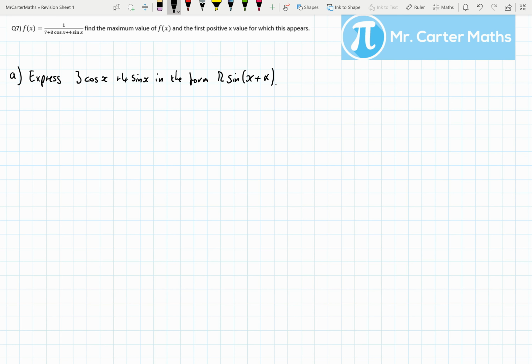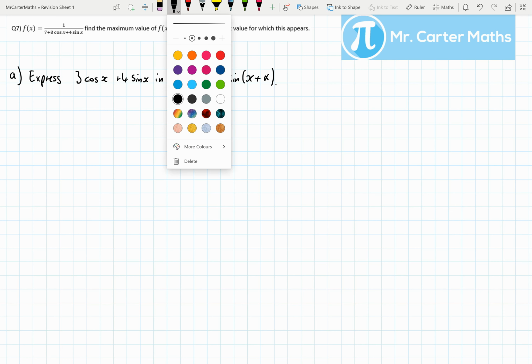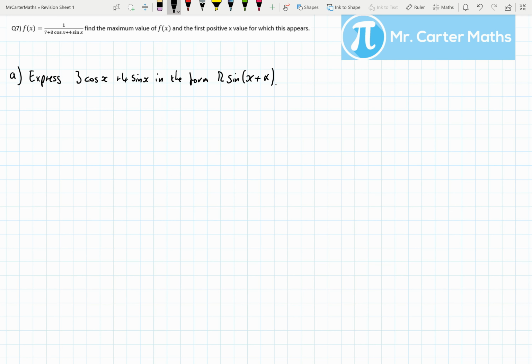That's much harder to do when there are these two bits here. But I'm going to go ahead and do this like a two-part question for now, because that's how I would have laid my working out. I'd have dealt with the trig harmonic form, then dealt with a bigger function later.